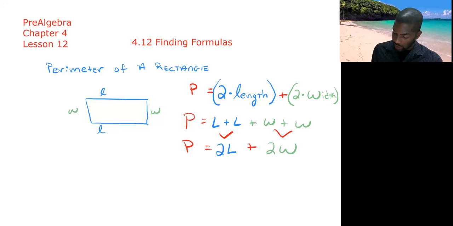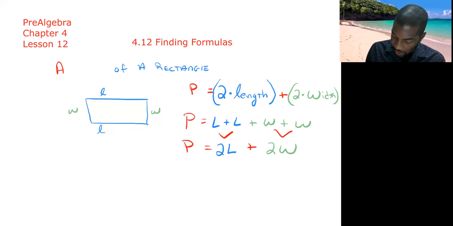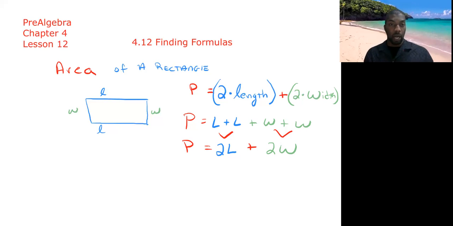The second one you're going to need to know is the area of a rectangle. So first we did perimeter, let's do area. The area, and you can remember to pause the video if you need to slow down, is slightly different.